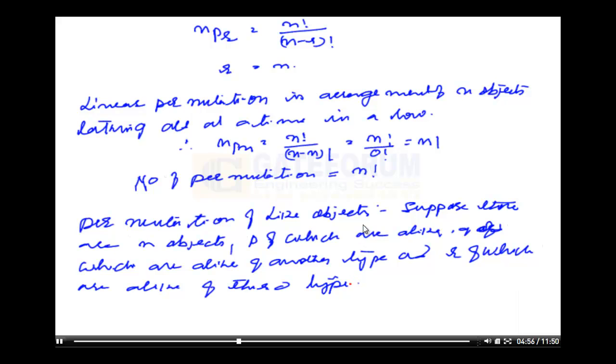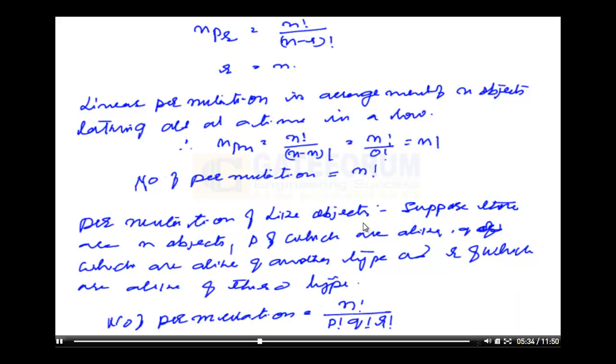Then the number of permutations: if all are different, the number of permutations is n factorial, but out of which some are alike, let us say P, and Q are alike of another type, R are alike of a third type. Therefore now the number of permutations is reduced to n factorial by P factorial, Q factorial, R factorial.